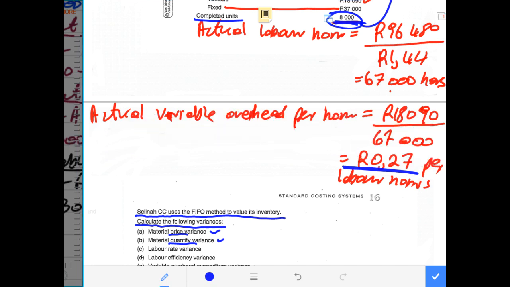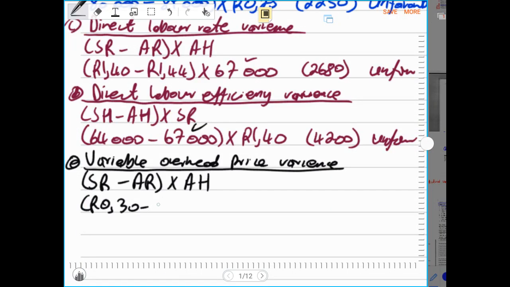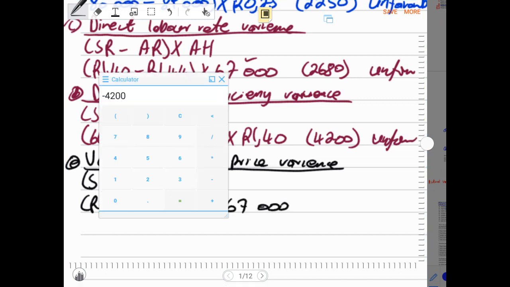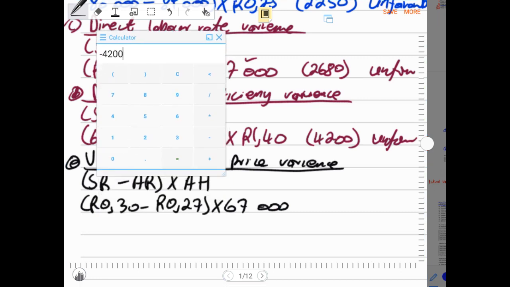Therefore, that means the actual was less than budgeted. We times this by the actual labor hours, which is 67,000 hours. This will lead to a favorable variance.